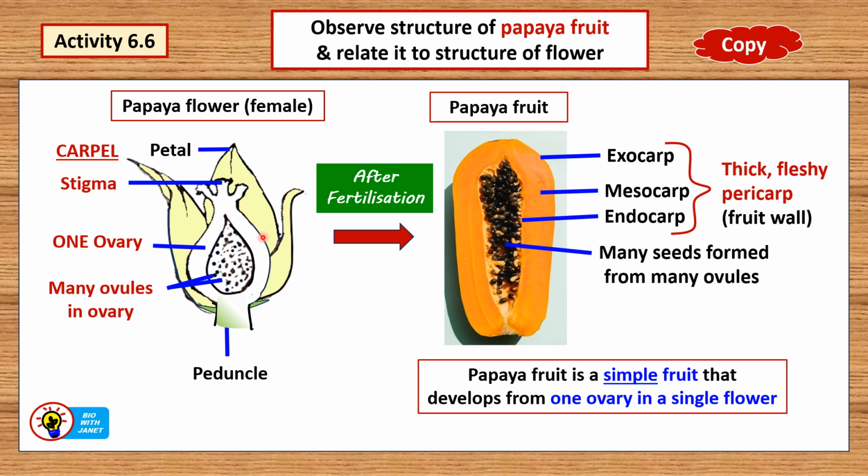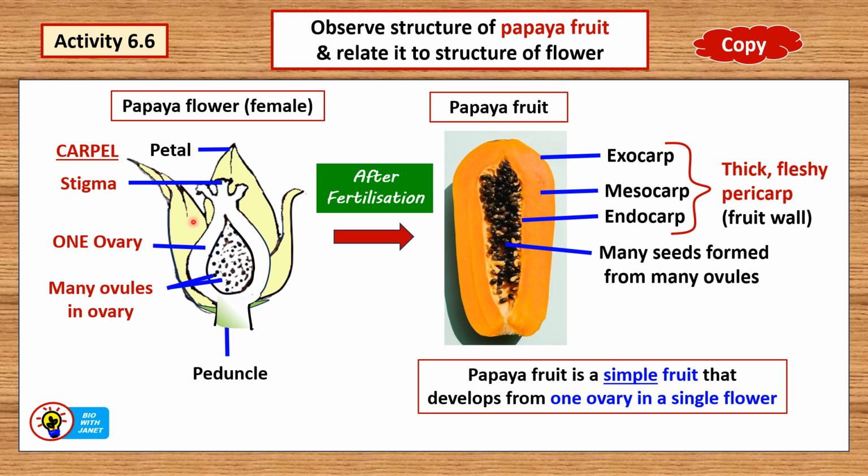And the third type of papaya tree produces flowers with both male and female reproductive structures. This is called the hermaphrodite papaya tree. But we are looking at the female papaya flower that only has the female reproductive structure, the carpel. It doesn't have stamens, which is the male reproductive structure.